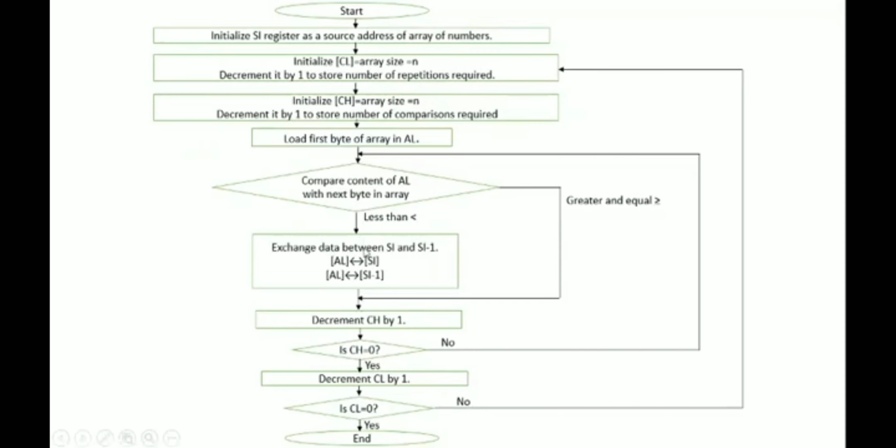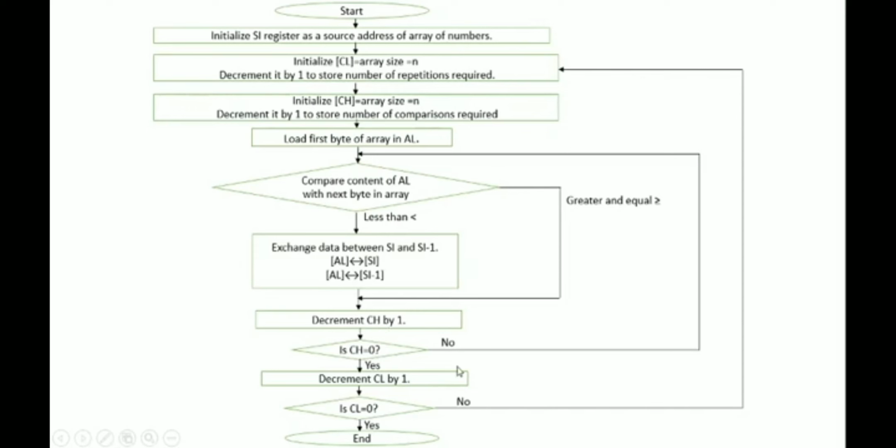The same steps are there, only when we compare the content of AL with the next byte in the array, if it is less than, then we will swap the data. If it is greater than or equal to, then we will go to decrement the number of comparisons.